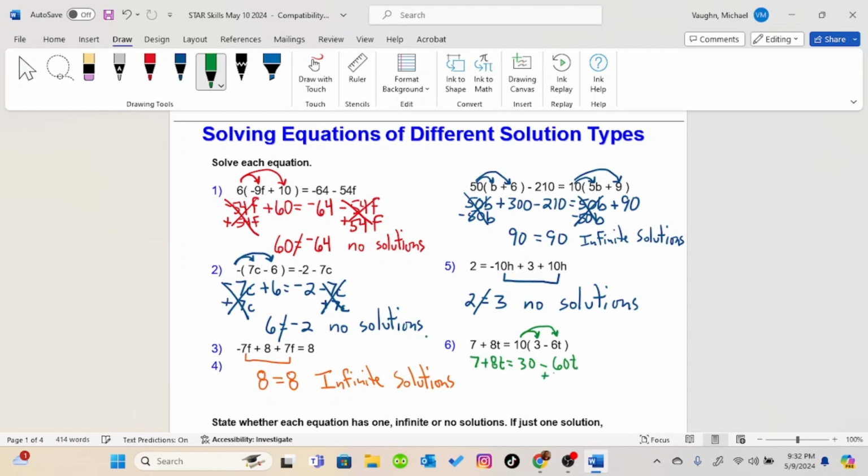We're going to add 60 to both sides. So we have 7 plus 68t equals 30. We're going to subtract 7 from both sides. That gets rid of it on the left. And we have 68t equals 23.